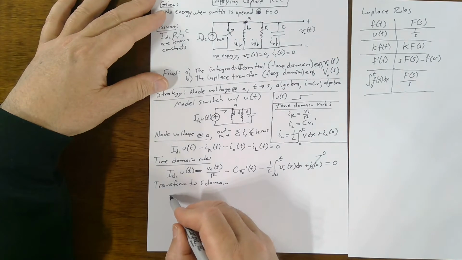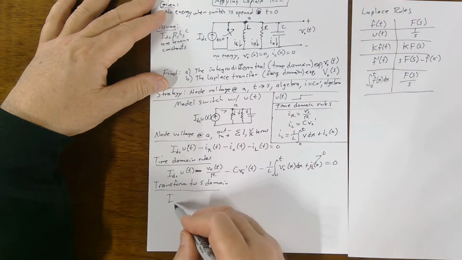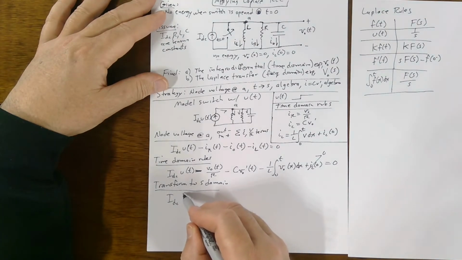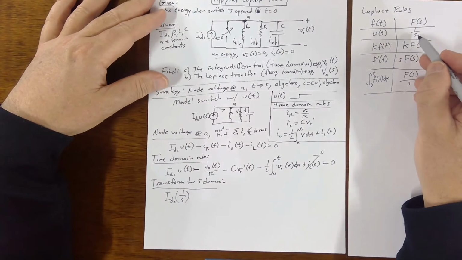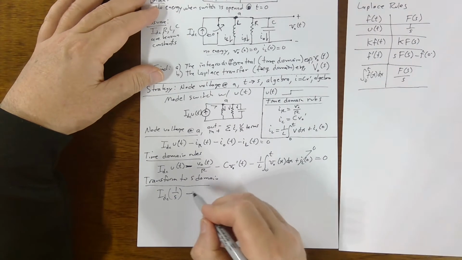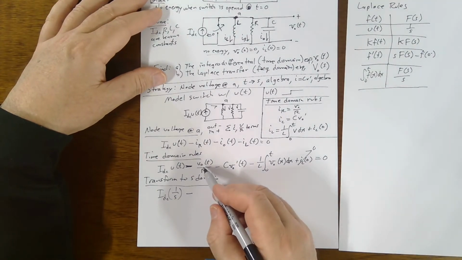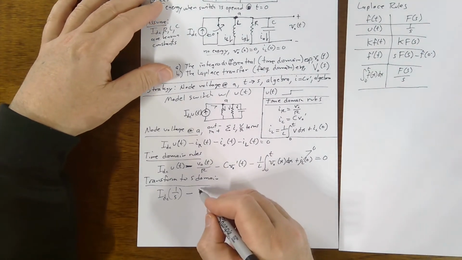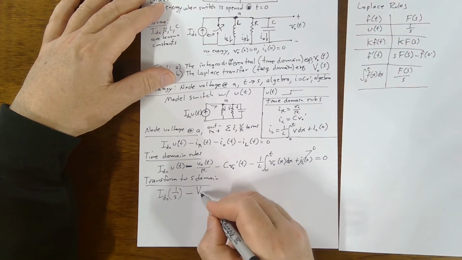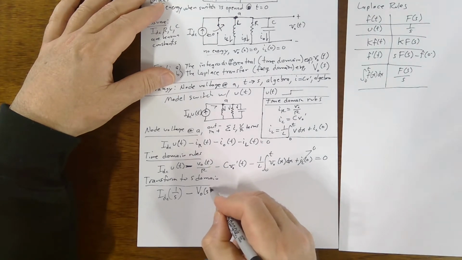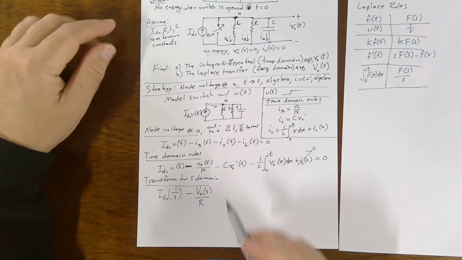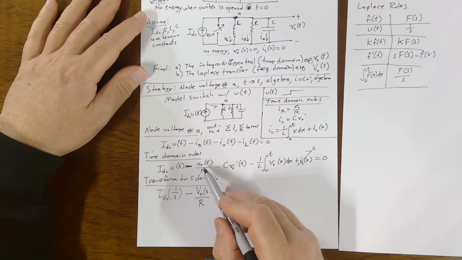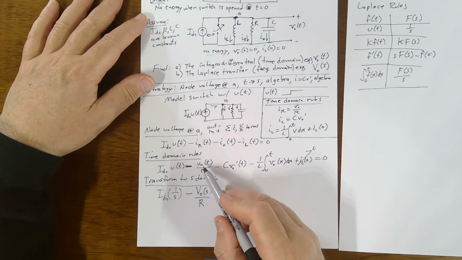So u of t becomes 1 over s, applying this rule over here. And this thing here, this may or may not freak you out, but this is our variable of interest.